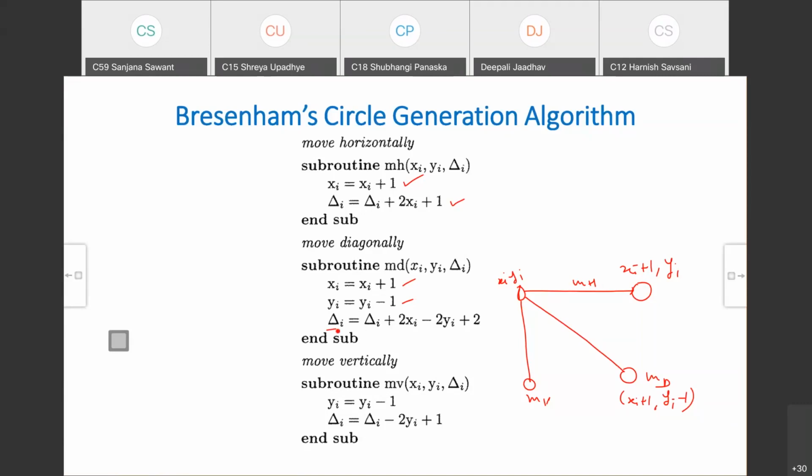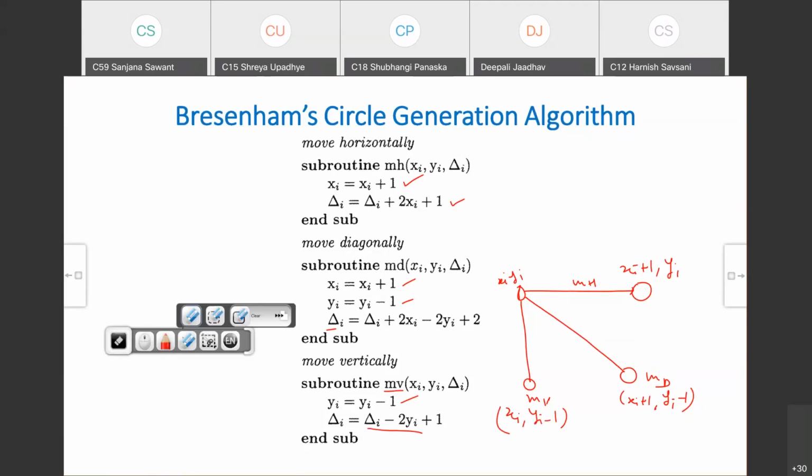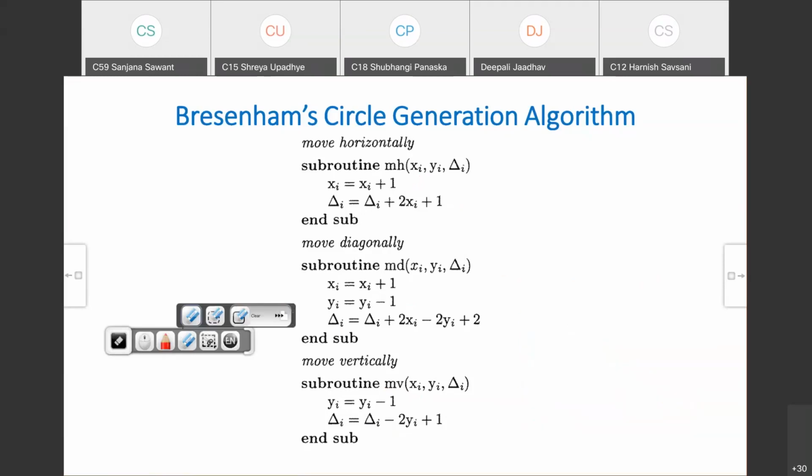And for subroutine MV, the value of xi remains as it is and yi is decreased by 1. So y is only decreased, x remains as it is, and we calculate the delta I. Using all these equations and the algorithm, we are going to see one example.